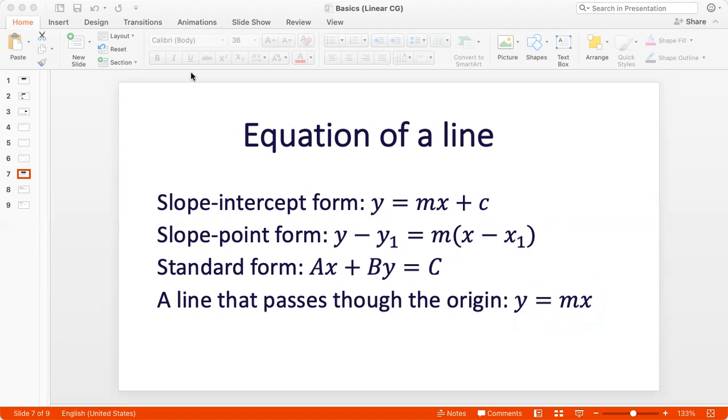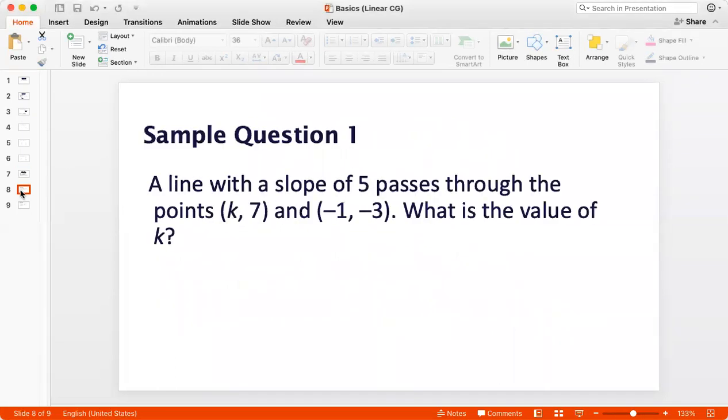Let's do a few sample questions that will further explore this topic. Sample question 1: a line with a slope of 5 passes through the points (k, 7) and (-1, -3). What is the value of k? So we know the slope is y2 minus y1 divided by x2 minus x1. Slope is given as 5.